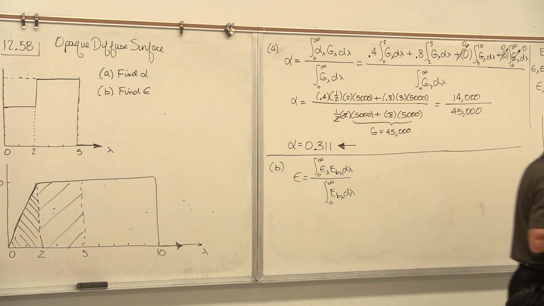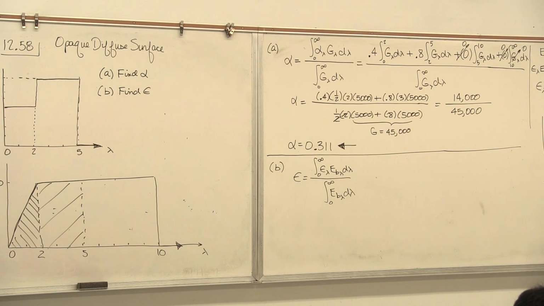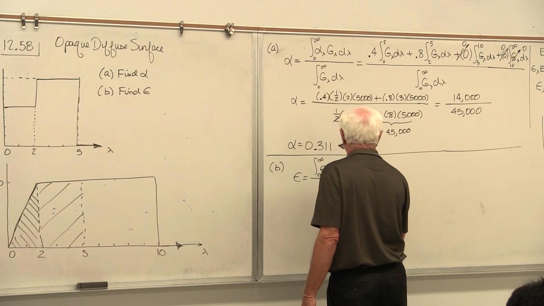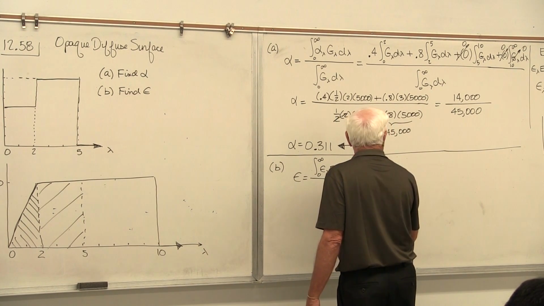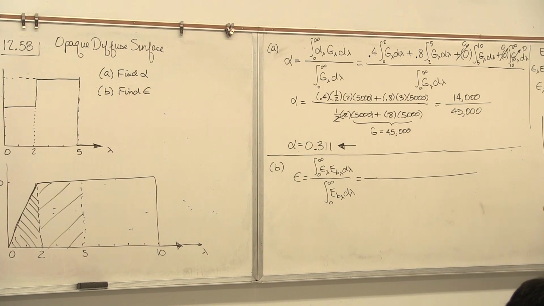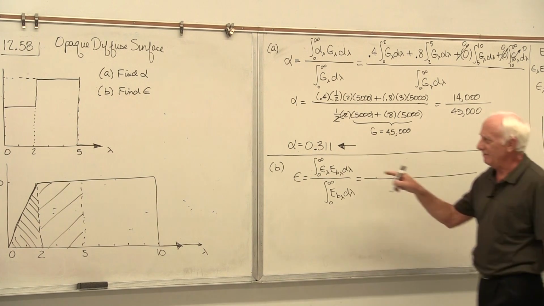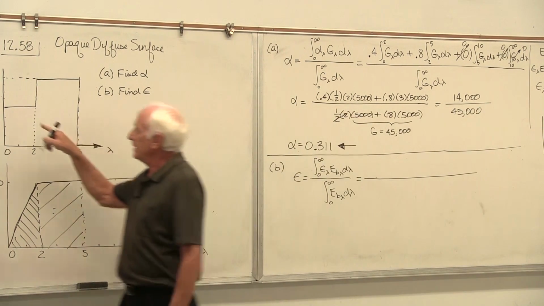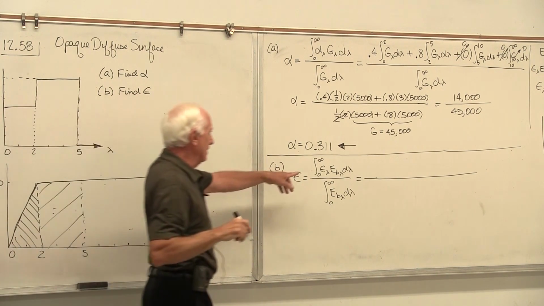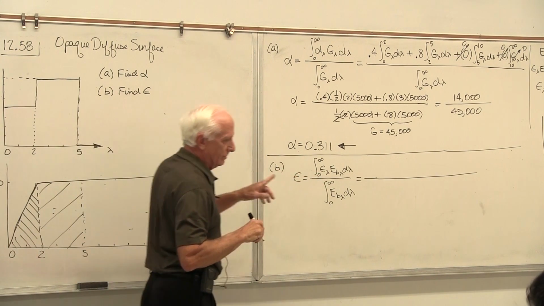Okay, integration by parts. Anytime there's a change in the epsilon lambda graph or the G graph, that's your limits of integration. You say, yeah, but he didn't give me an epsilon lambda graph, he gave me an alpha lambda graph. Oh, yes, you do.